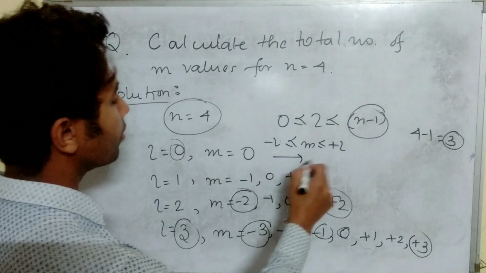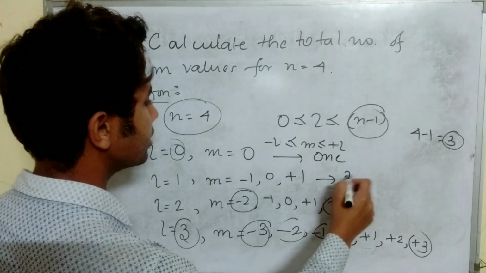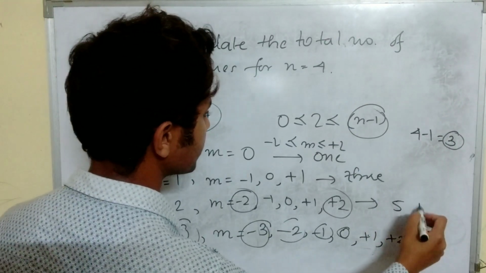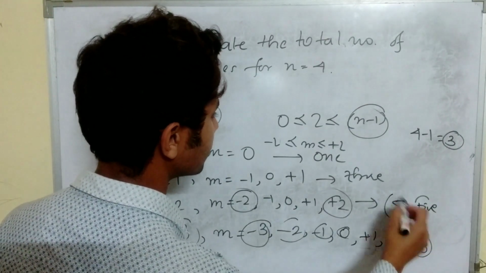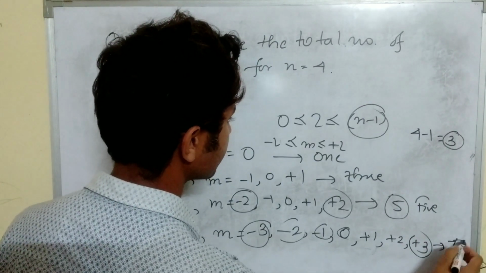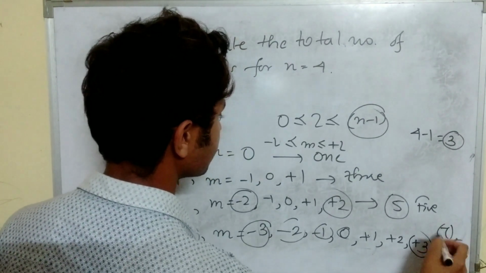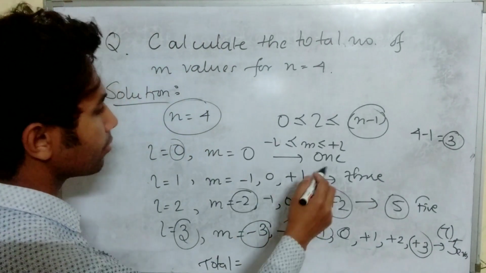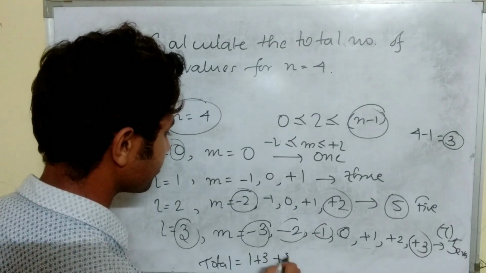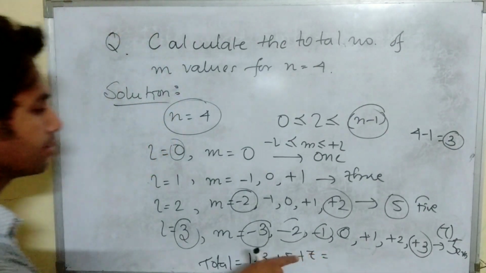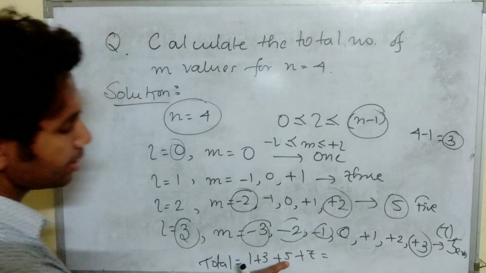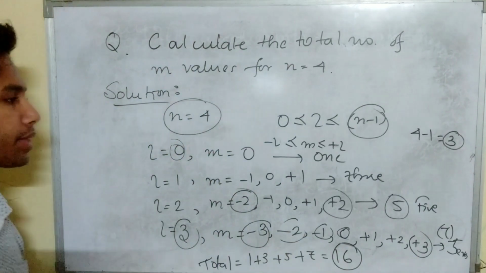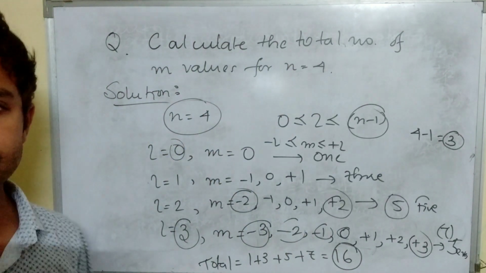So here 1 m value is there, here 3, here 5, here 7. So total will be 1 plus 3 plus 5 plus 7, which is 7 plus 5, 12, plus 3, 15, plus 1, 16. So there are 16 m values for n is equal to 4.